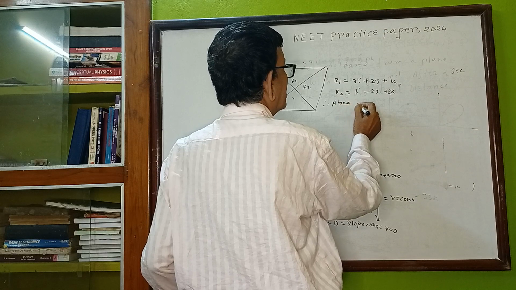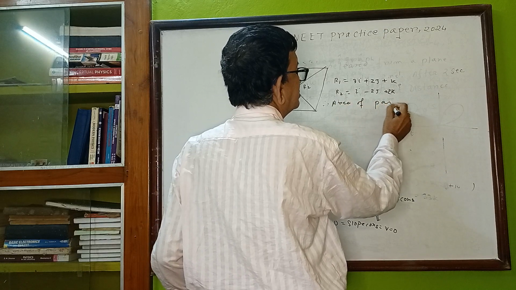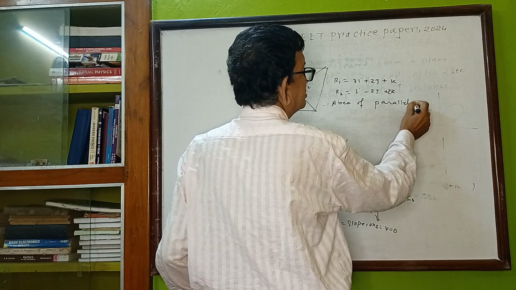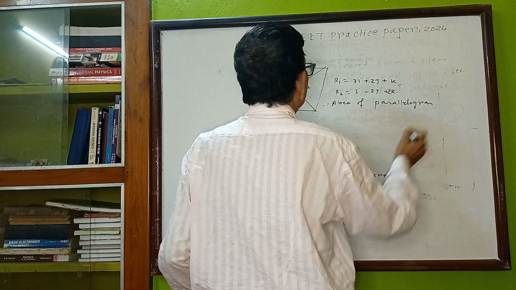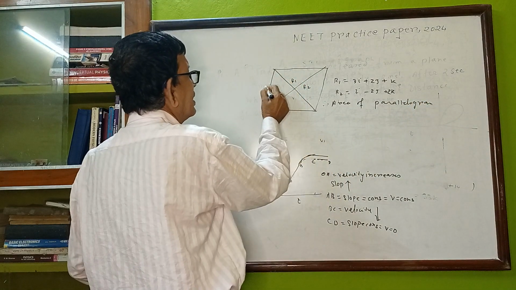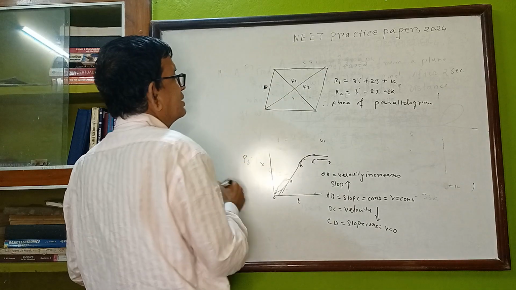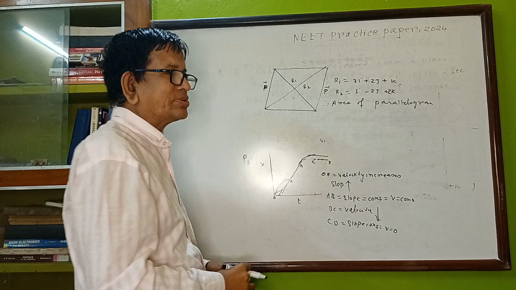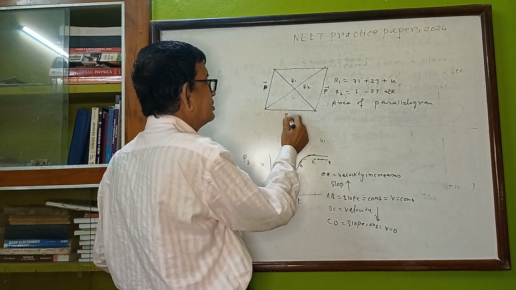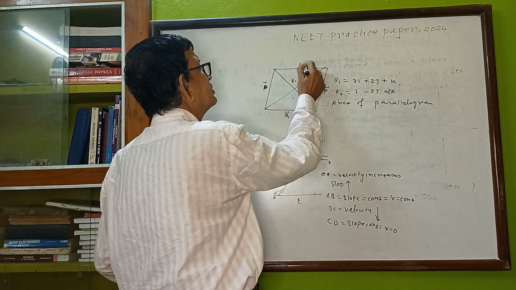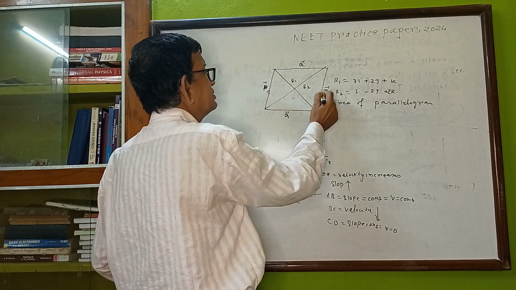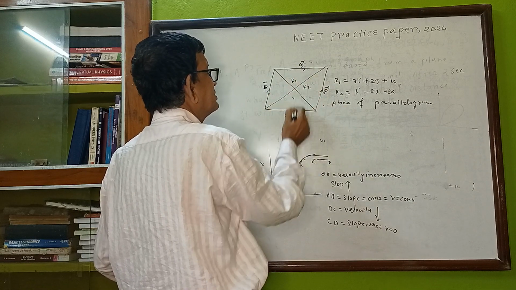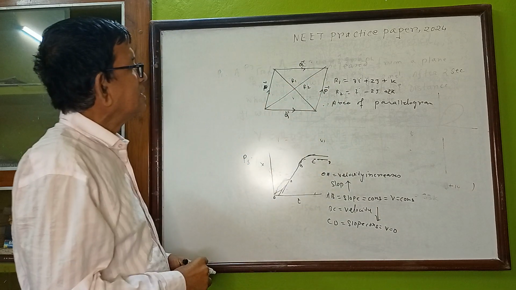Then find the area of the parallelogram. What will you do? That side is the P vector, and this is also P, because in a parallelogram opposite sides are equal. That is Q, and that is Q. Clear? So this is the same as this.